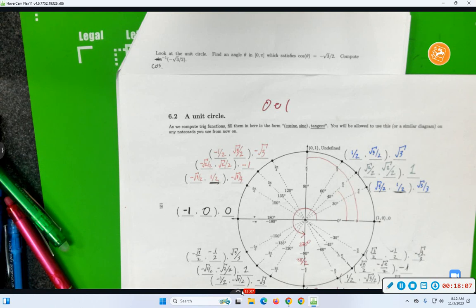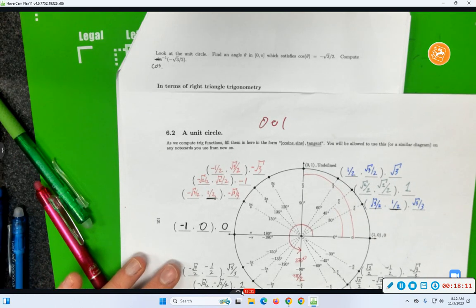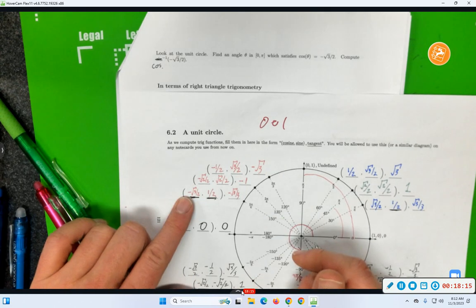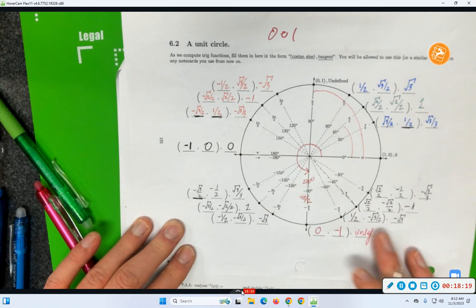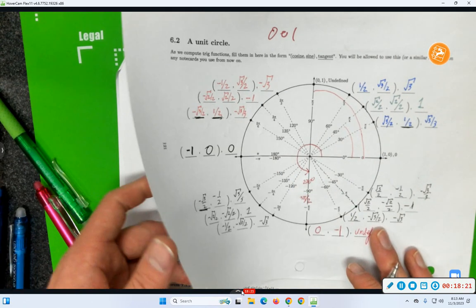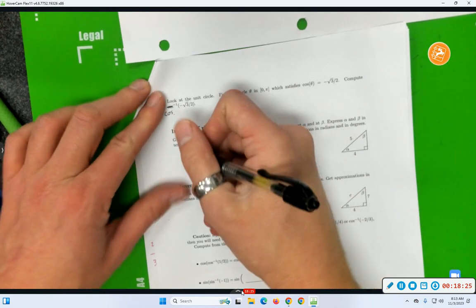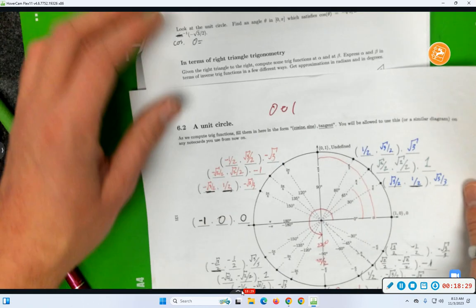Since I want cosine to be negative root 3 over 2, that means I want the x-coordinate to be negative root 3 over 2. So it sure looks like theta equal to, sorry, I should keep this up because I'm still referencing it.